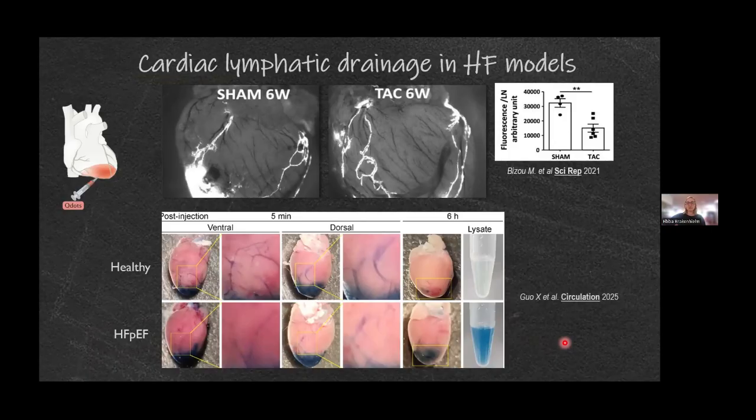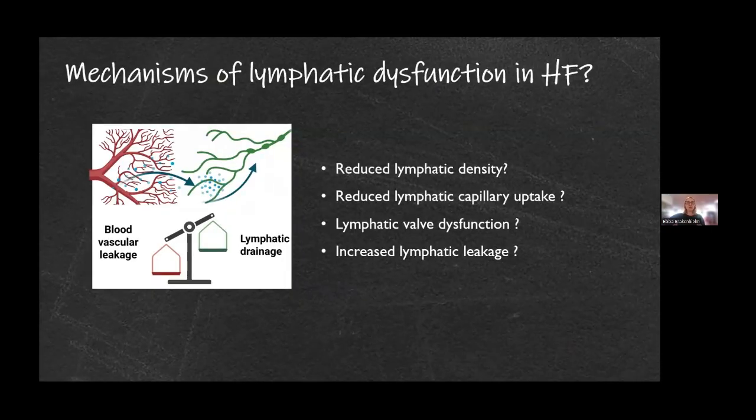So what could be the mechanisms? Among the things that can contribute to lymphatic dysfunction is, of course, alteration or reduction of the lymphatic density, also reduction of the capillaries that may become less permeable to fluid or macromolecule uptake, or perhaps not recruiting immune cells as efficiently. We can also imagine valve dysfunction as a way where the system would have more backflow and therefore not be able to transport efficiently.